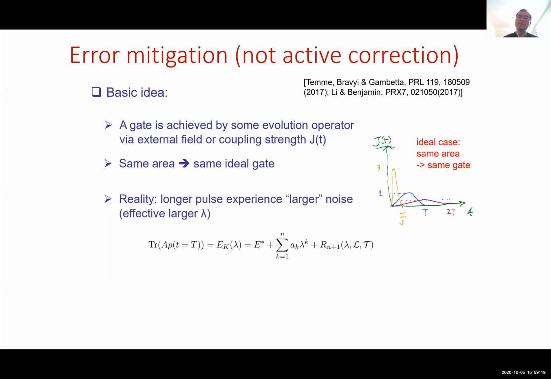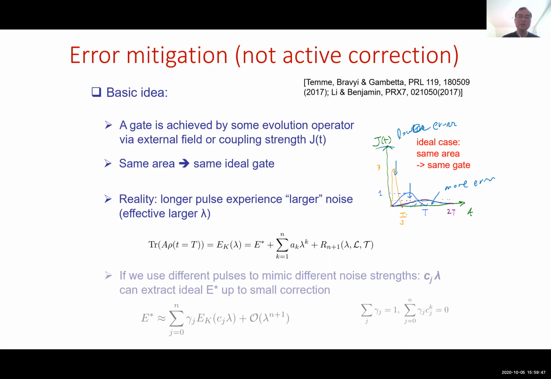But if some error occurs, this one has a longer stretch, so it experiences more error. At least the cumulative rate is larger, and this one has lower error.